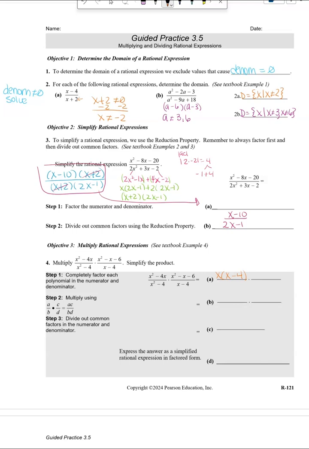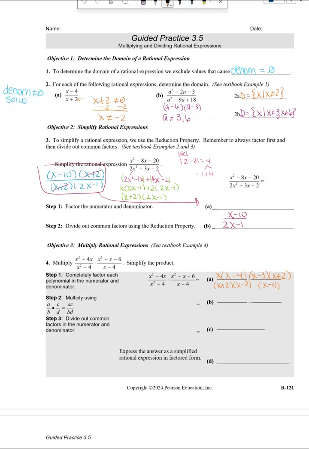Factoring this numerator gives us x minus 3, x plus 2. Now let's factor the denominators. This is the difference of two squares, so it's going to be x plus 2, x minus 2. And this one's factored as far as you can go. Oops, that's a 4, not a 2.